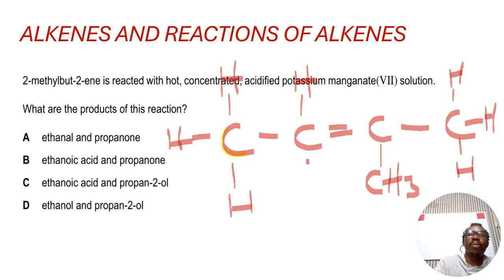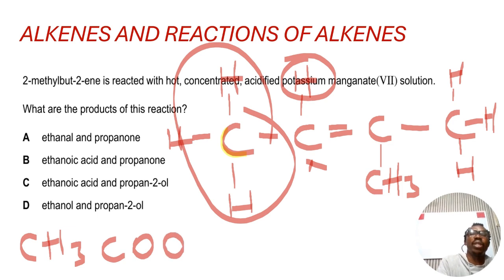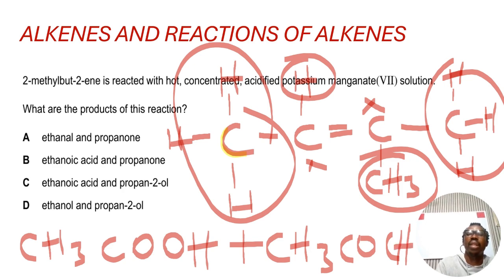So if you look at this carbon, it's bonded to 1 hydrogen atom and 1 alkyl group, so you get oxidation to a carboxylic acid, which is CH3COOH, ethanoic acid. And this carbon atom is bonded to 2 alkyl groups, so you get oxidation to a ketone, which is CH3COCH3.